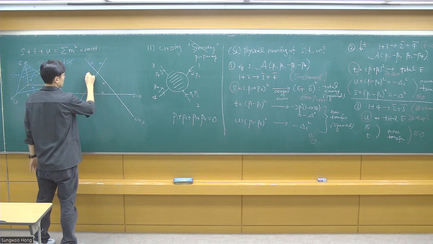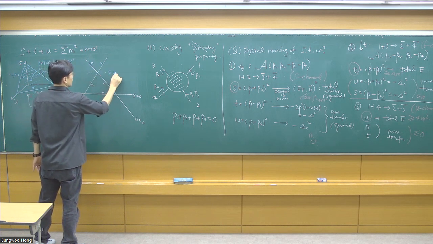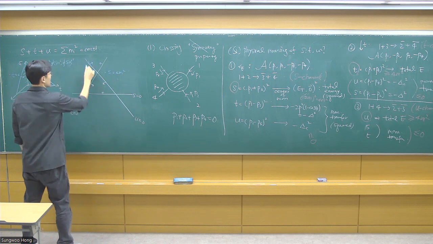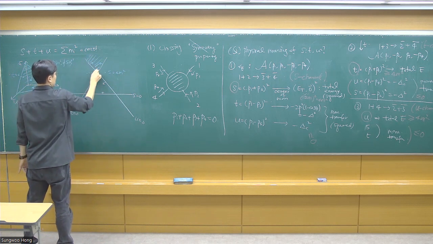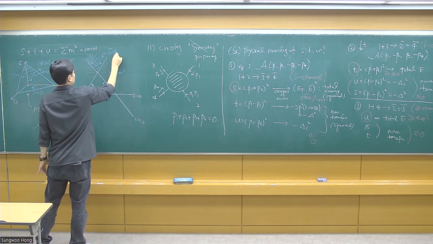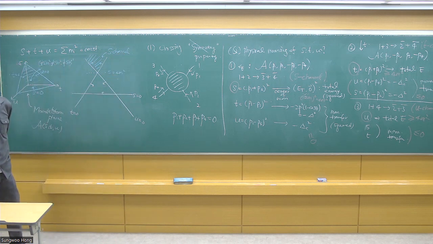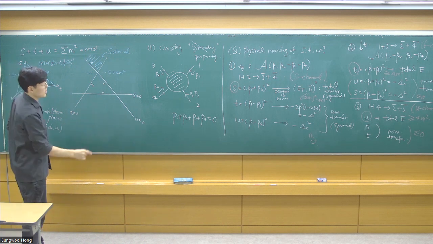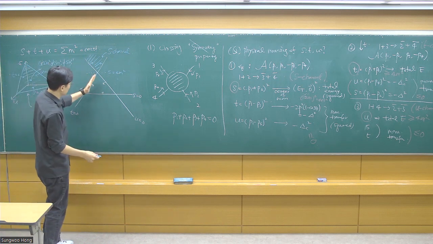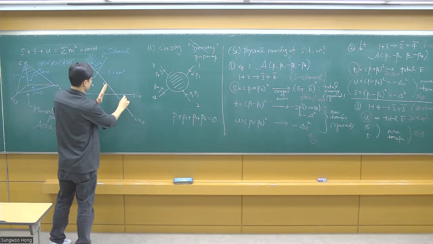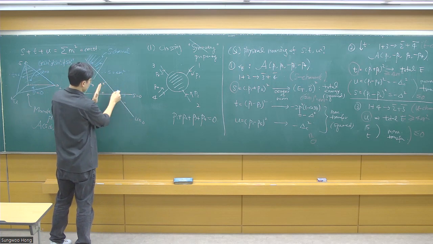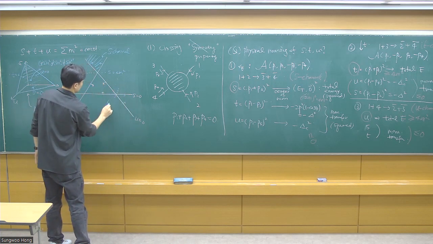When they meet, this is S equals 4m squared. So the S channel lives here on the Mandelstam plane. How about the T channel? T gets increased, and then S should be less than 0, U should be less than 0, and this point is the T threshold.